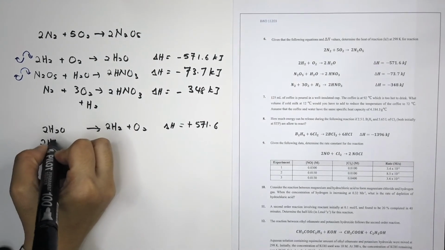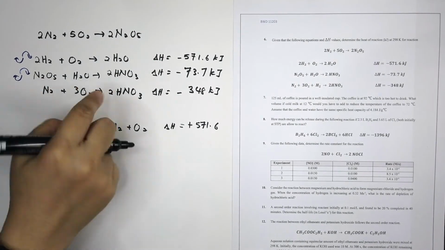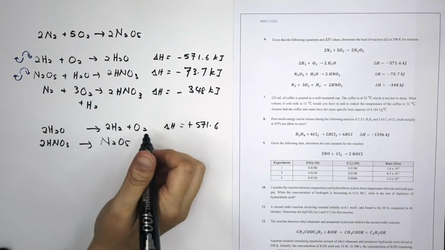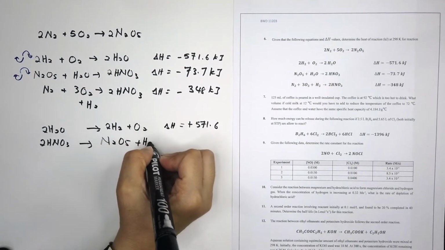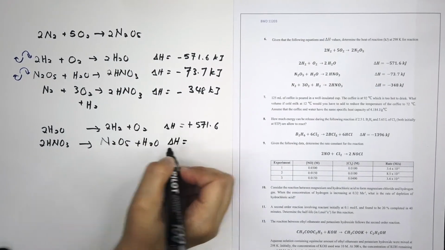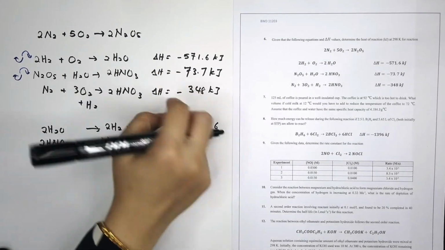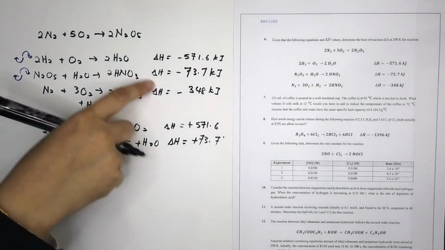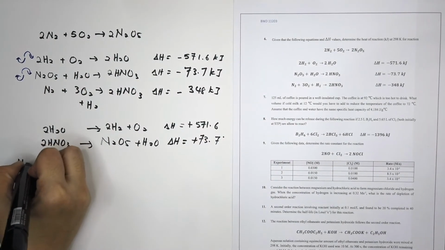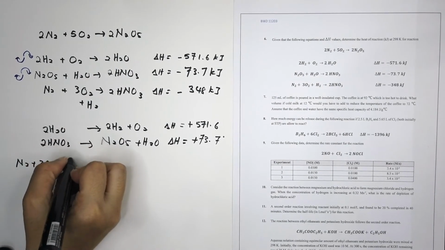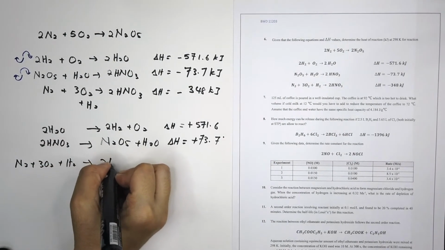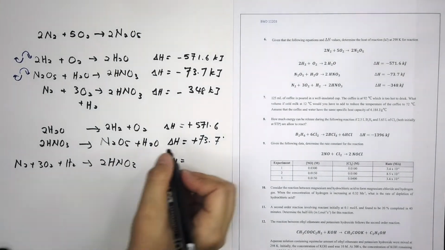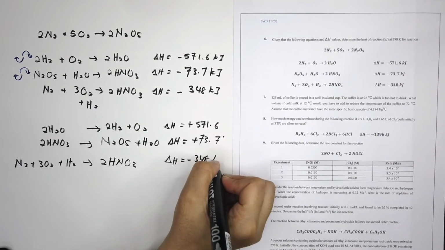So 2HNO3 will produce N2O5, which matches the target equation, plus H2O, and your delta H shall be positive 73.7 kilojoule, because this one was negative. The last one you just need to copy back: N2 plus 3O2 plus H2 will produce 2HNO3. Since you didn't do anything to it, you just copy the same value.